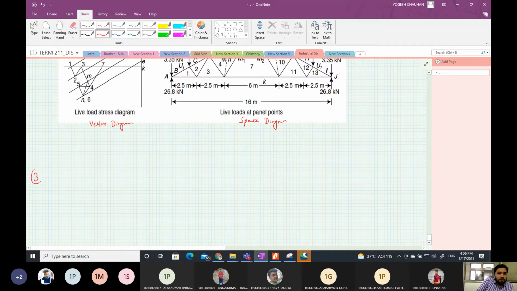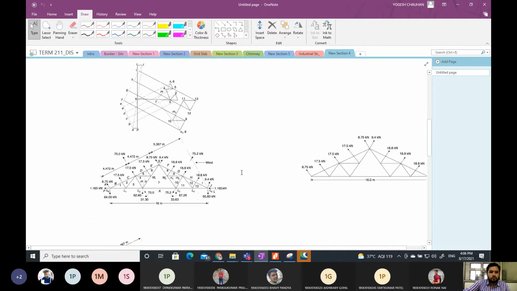So the third case will be the analysis for wind load. And again, in wind load we have two cases. One is windward side and another is leeward side.